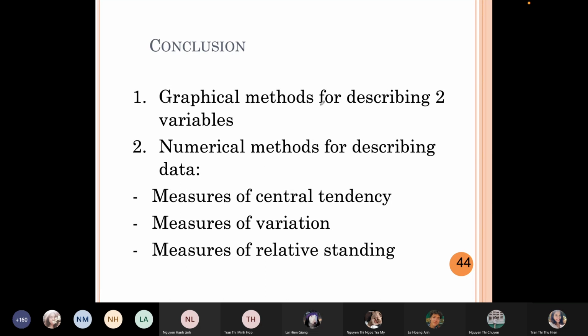For graphical methods for describing two variables, we have cross tabulation, clustered bar charts, scatter diagram, and vertical bar charts, right? I mean, we have some ways to present the data graphically.